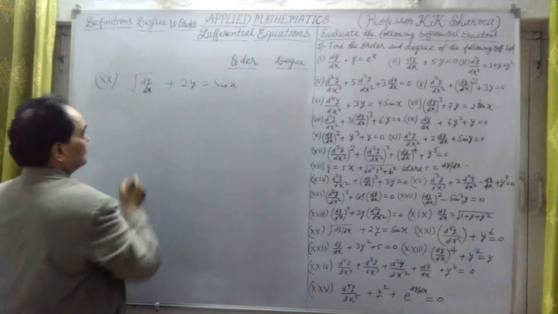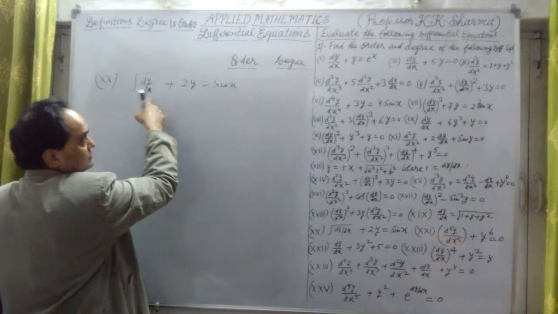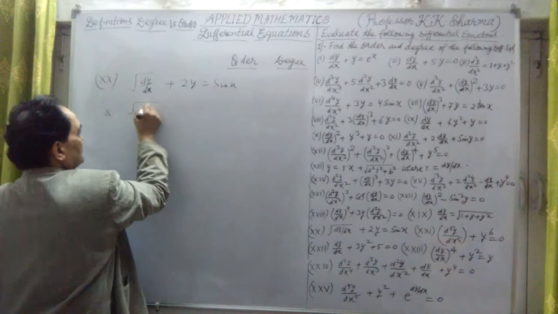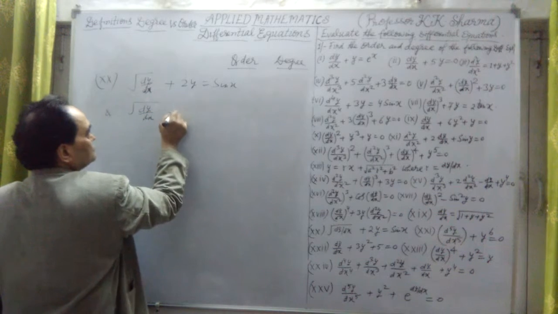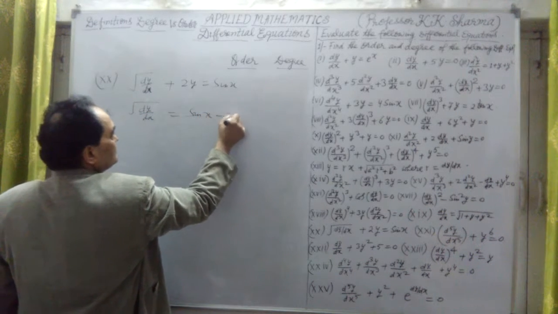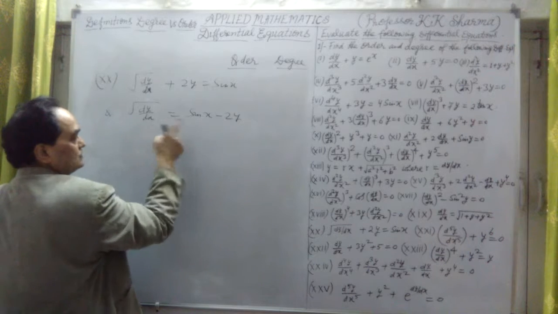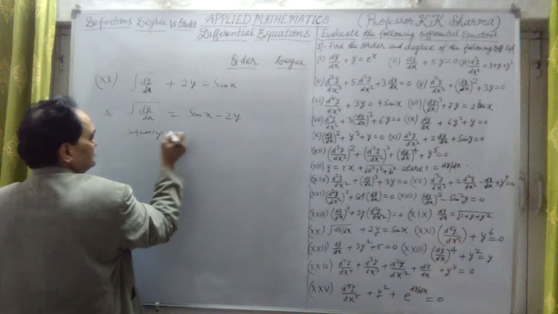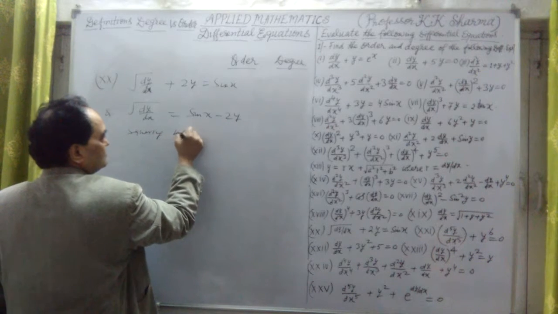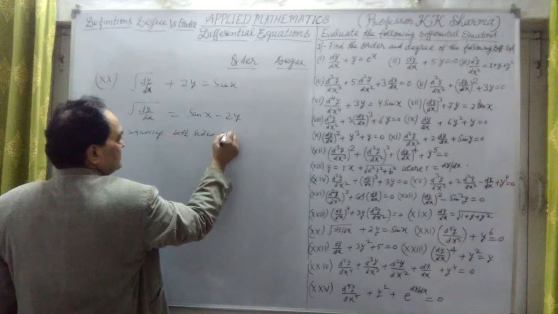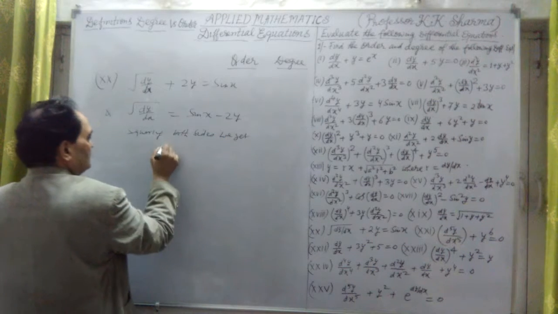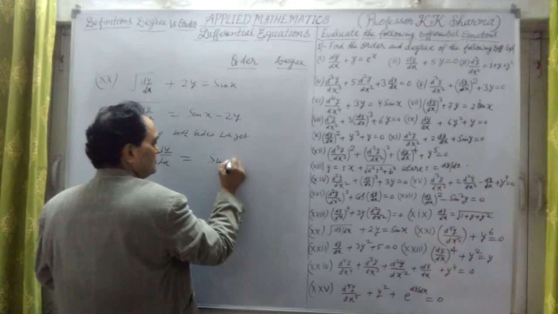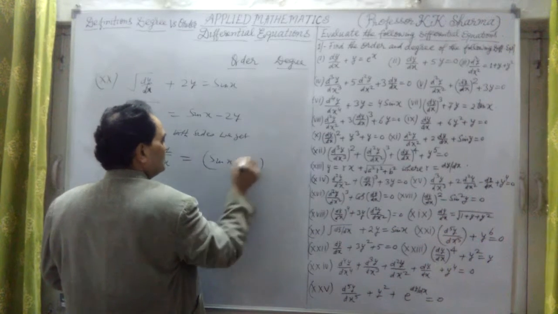Now we have to remove this square root radical. Take this 2y to that side. It will be square root of dy/dx equal to sin x minus twice y. Squaring both sides, we get dy/dx only equal to (sin x minus twice y) whole square.